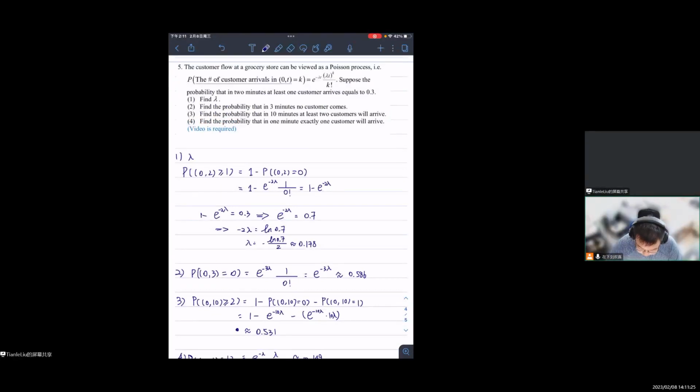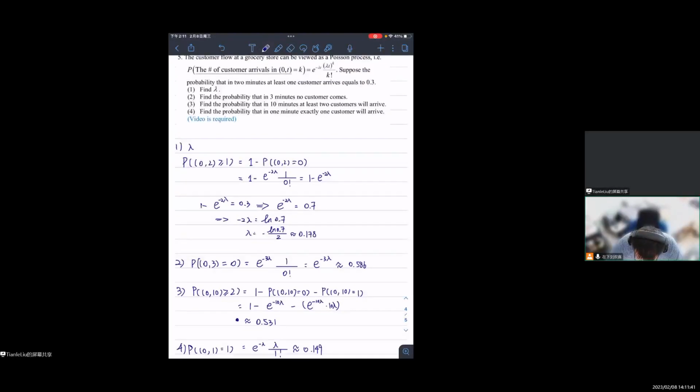You need to make sure that whenever the problem says at least, you use 1 minus the probability of the rest, like in part 1 or part 3.